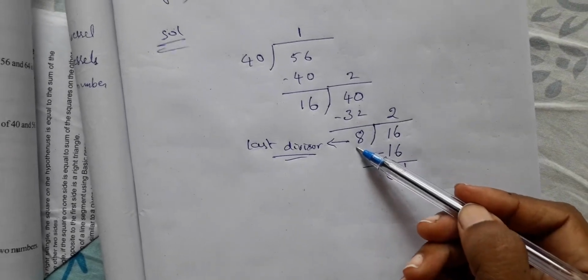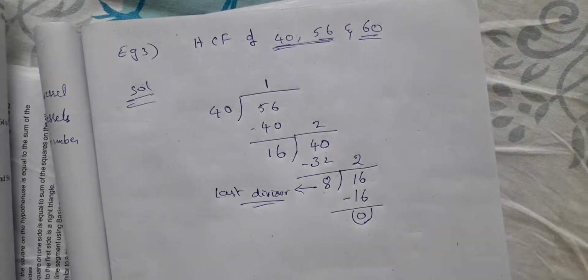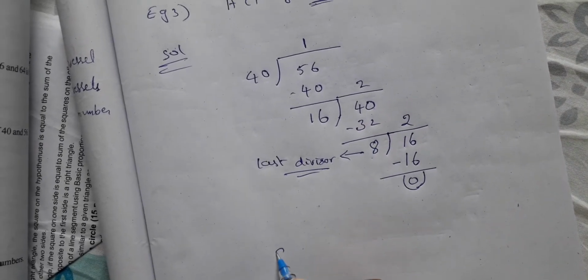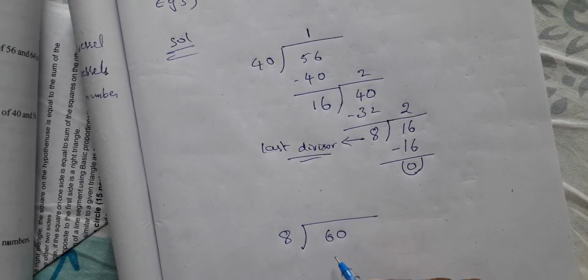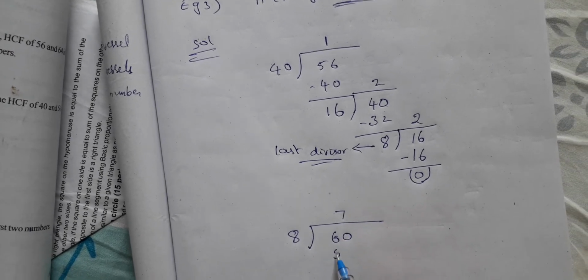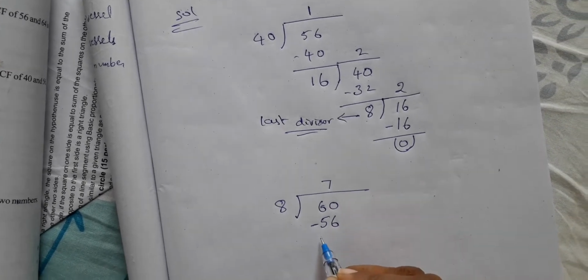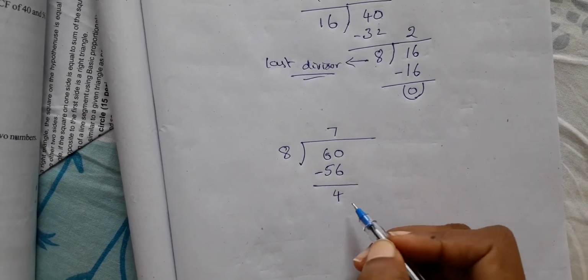This last divisor must divide the next number, that is 60. So now let us see. 8 should divide 60. 7 times. 8 sevens are 56. So what is the remainder here? 4 is the remainder.